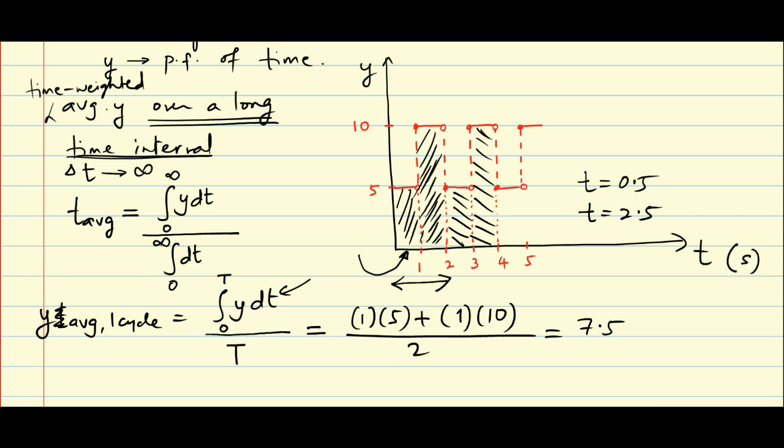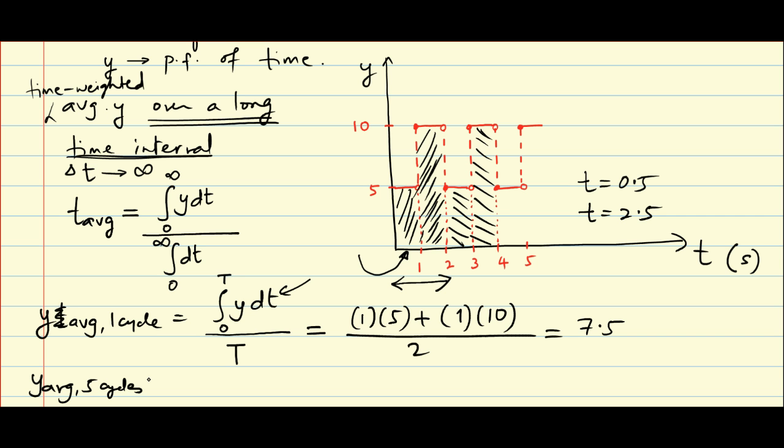Now, why do I claim that this value, which I have calculated, the average value over one cycle, is also the average value over a very long time interval? So let's consider first of all, what is the average value, y average, over, let's say, 5 cycles.